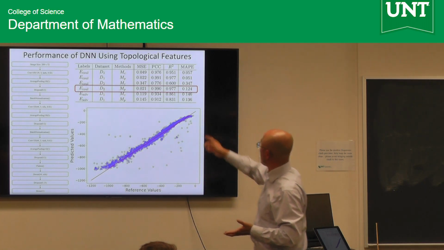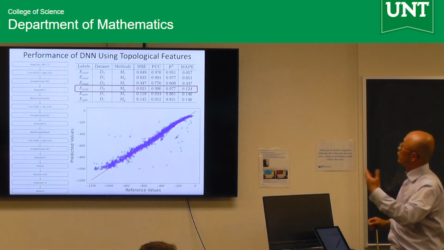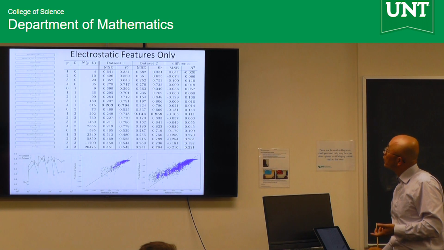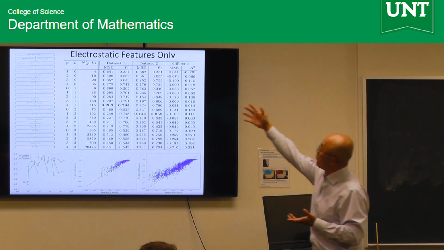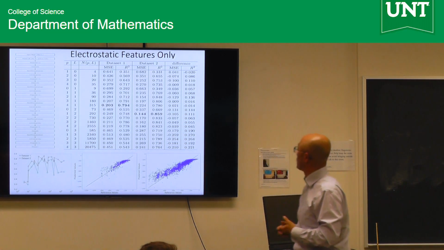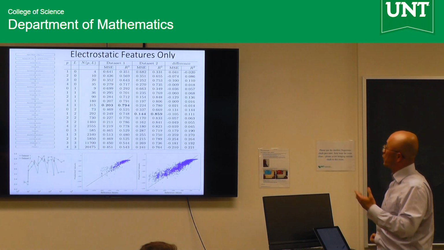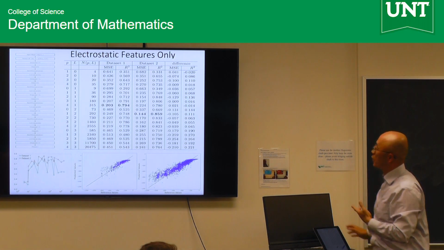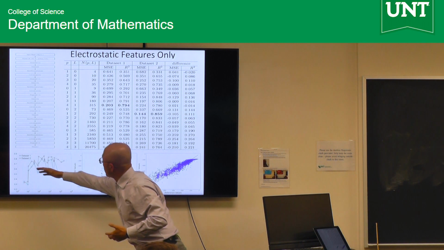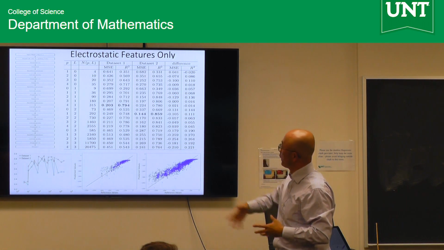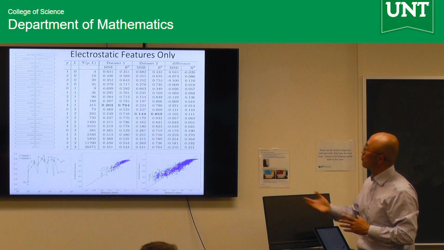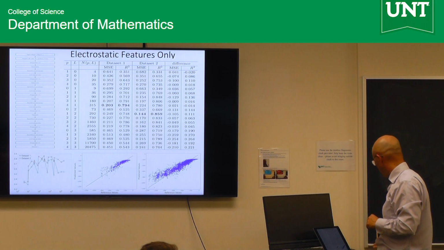So we get results if we just use the topological feature, and then if we just use the electrostatic features at different P and L. You can see when we increase the P and L, the result is getting better, and also when you use a bigger data set, with a bigger number of data, it is also getting better.